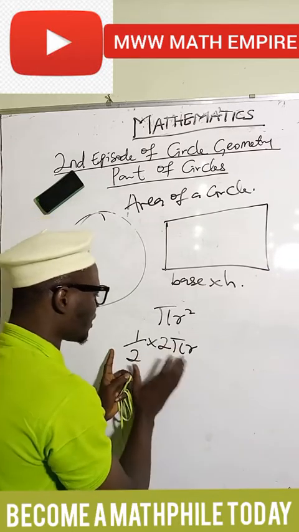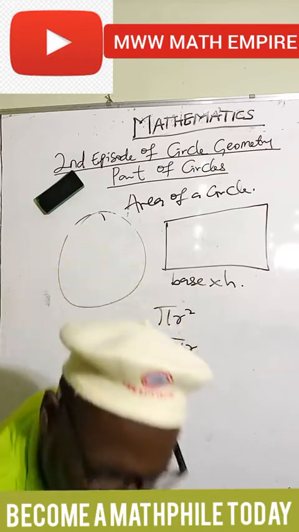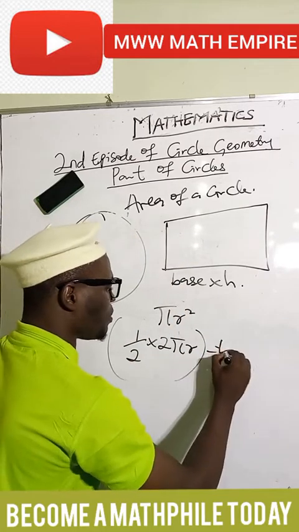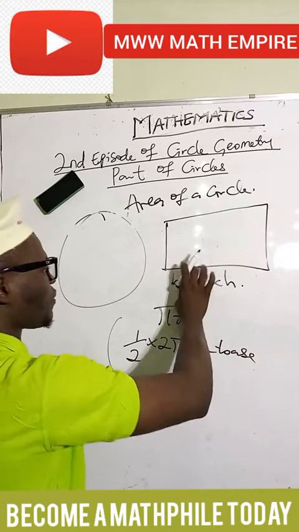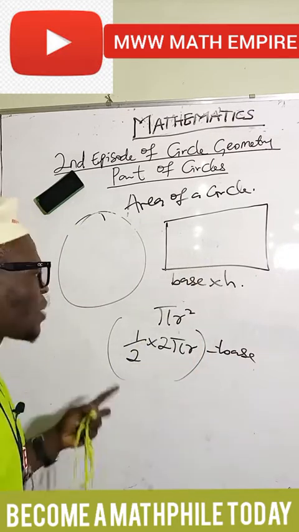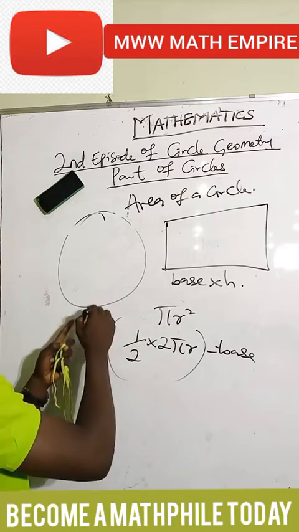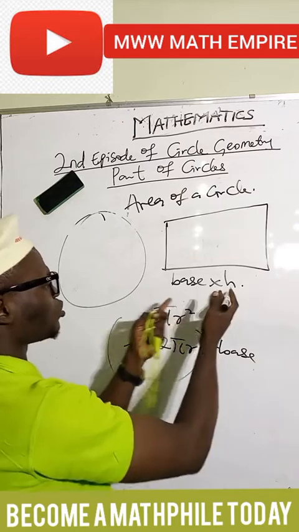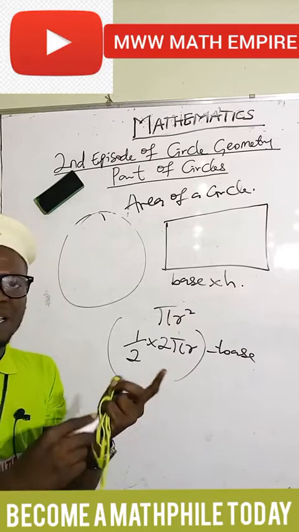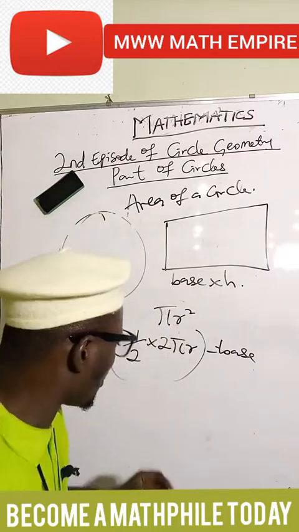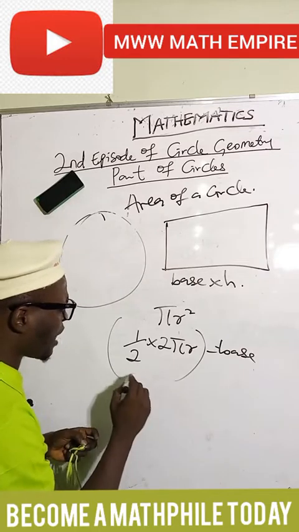So whatever half this thing we are having now is equal to the base of a rectangle only. That's why the area of a circle is equal to the area of the rectangle.